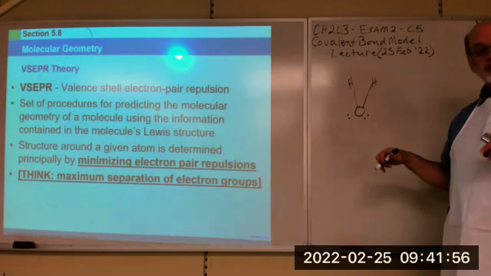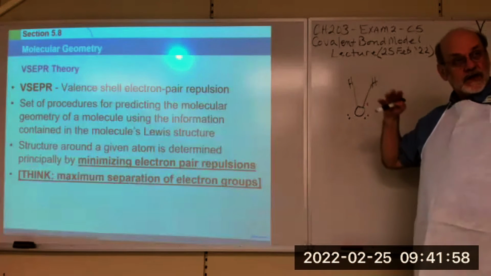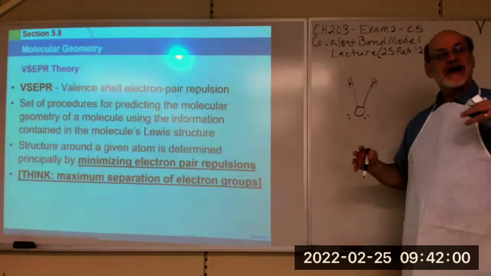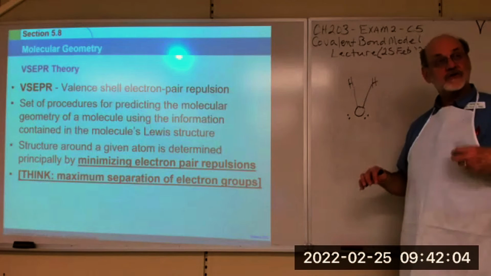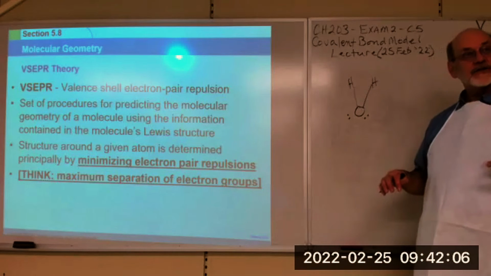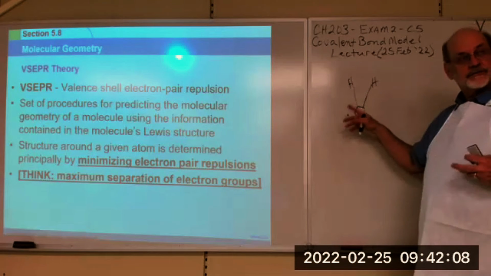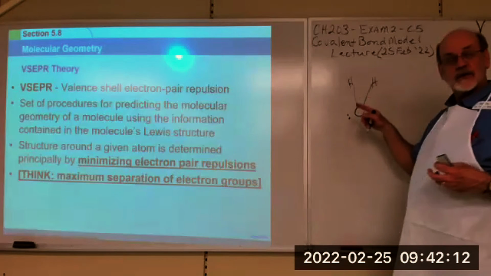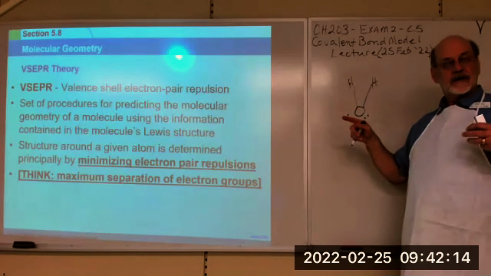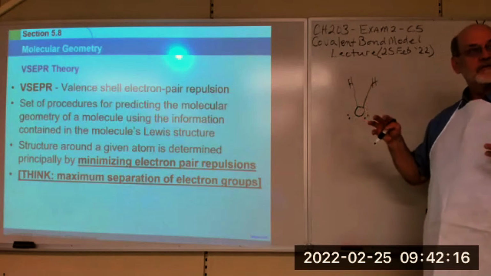So in order to position all the electrons in a way that minimizes the repulsive forces, we need a regular geometric structure that allows us to position these 4 electron groups, that one, that one, that one, that one, as far apart as possible.